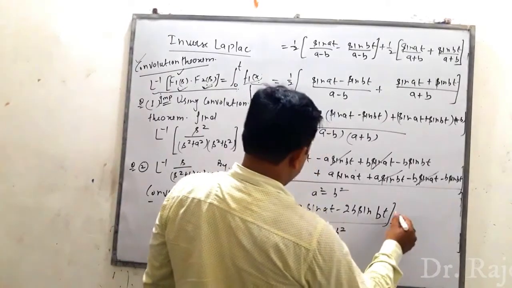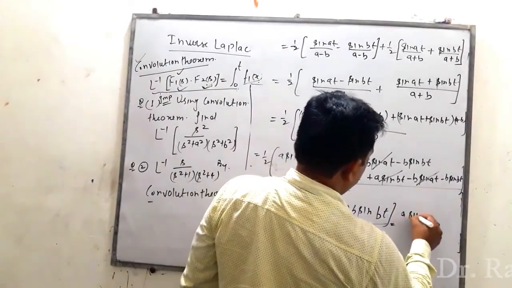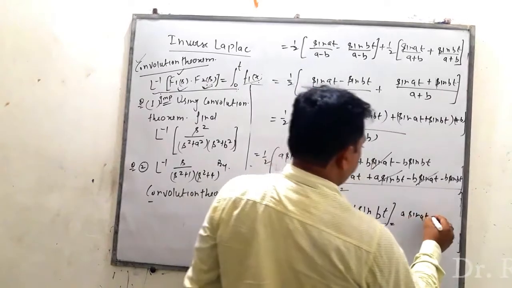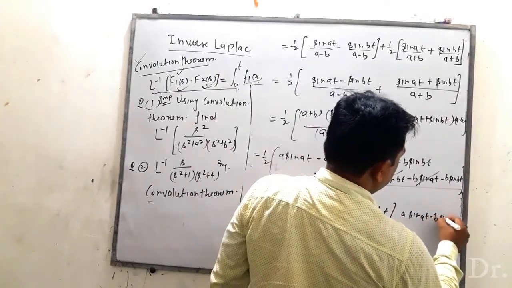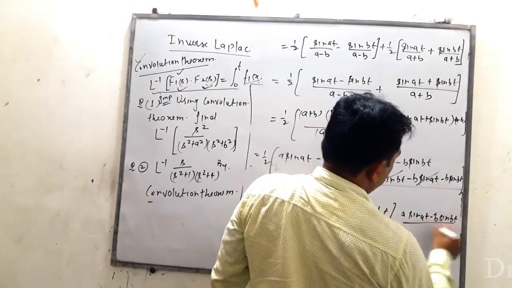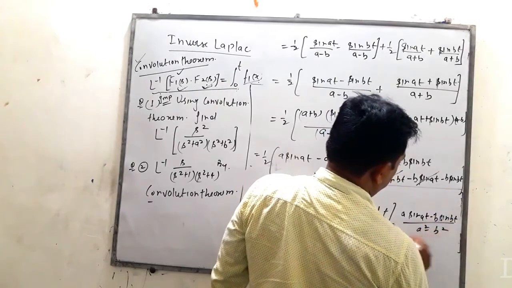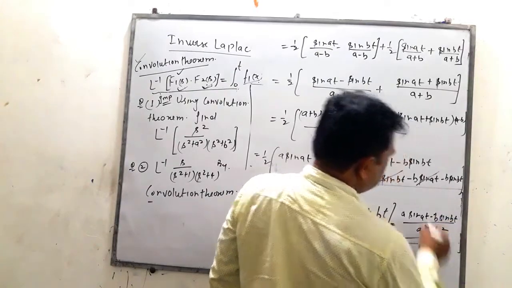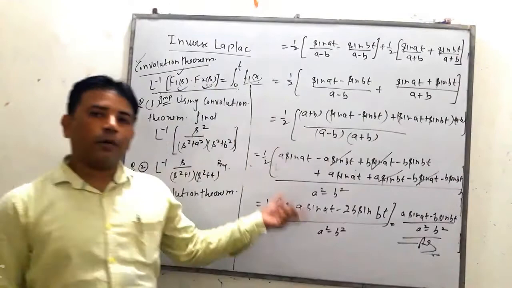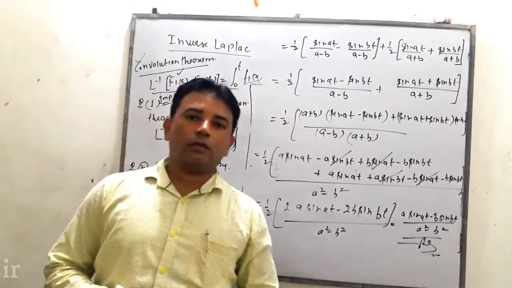Then the answer of this question is a sin at minus b sin of bt upon a square minus b square. This is the answer of the required question.